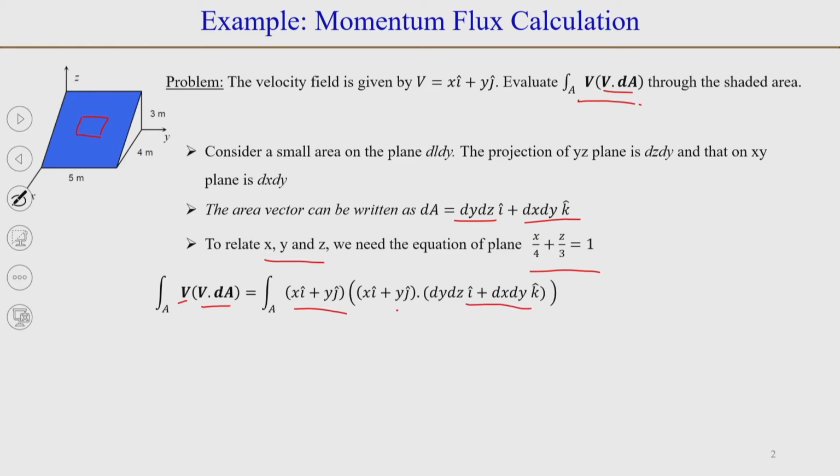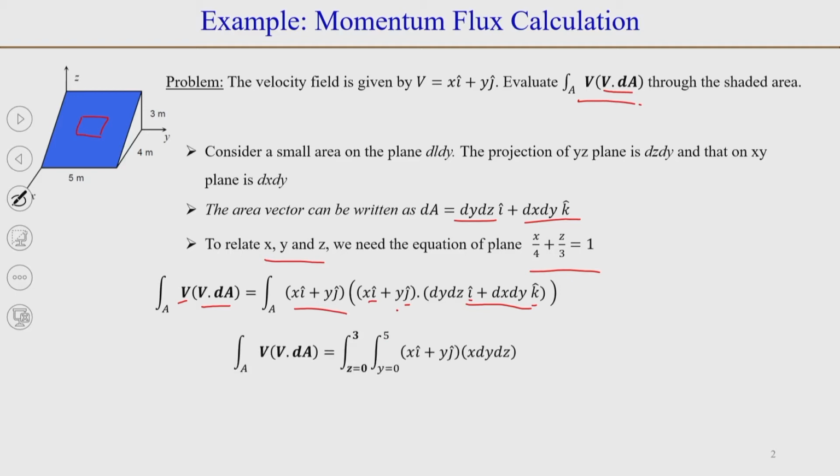When we take the dot product of these two, because i dot i is equal to 1, and j and k are normal, that will become 0, and j and i are normal, so j dot i will be 0, and j dot k again will be 0. So, we will have only one term, which will be i dot i.